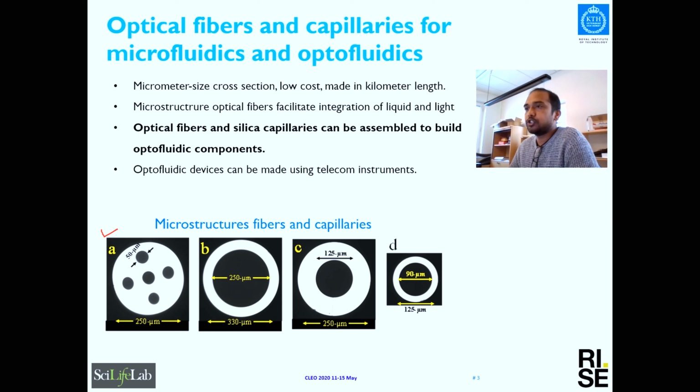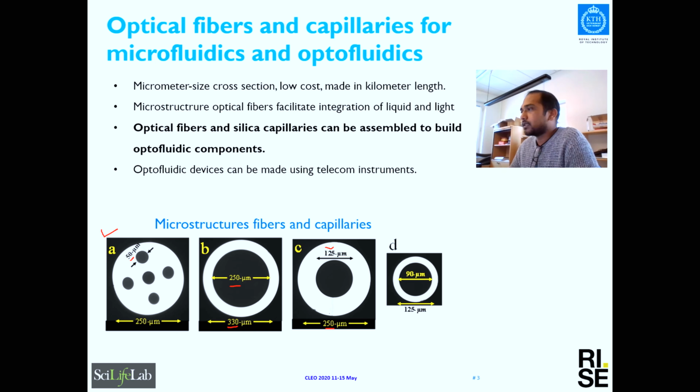These are some of the examples of the fibers that are available to us. The first diagram here shows a fiber with 250 micron outer diameter with 5 holes inside of 50 micron each. Figure B shows a silica capillary with an inner diameter of 250 micron and outer diameter of 330 micron. One more capillary here has an inner diameter of 125 micron and outer diameter of 250 micron.